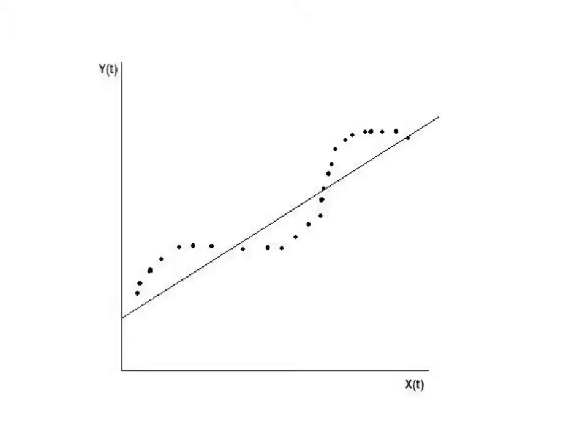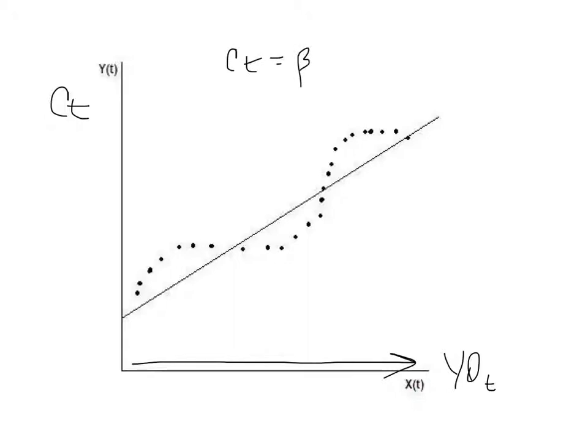Let's suppose that we have disposable income, which I'll denote YD here, and we have household consumption on the vertical axis. I'm imagining that we have time series data, and that over time, disposable income has a tendency to rise. We have a regression model which says C_t equals beta 0, there's beta 0 here, plus beta 1 YD_t plus epsilon_t, where the slope of this line is beta 1.